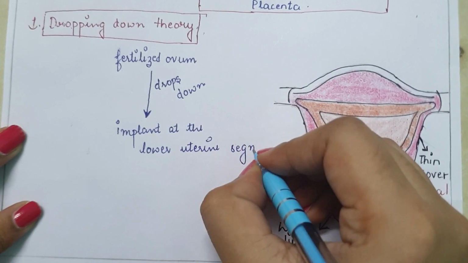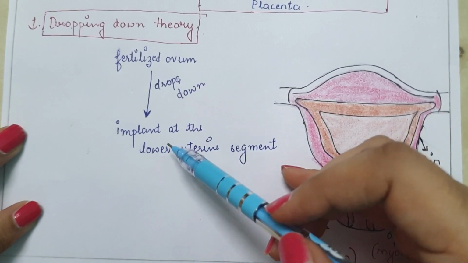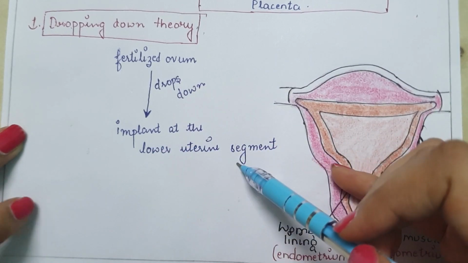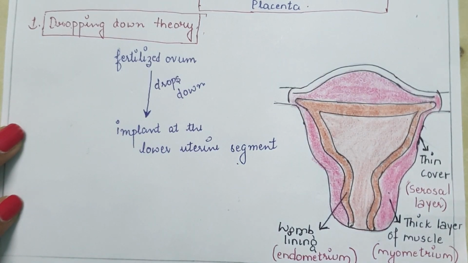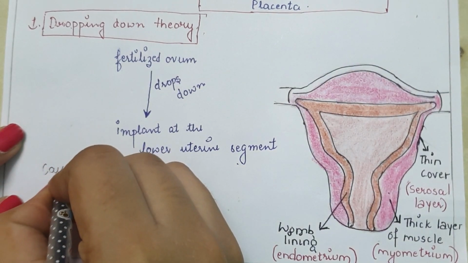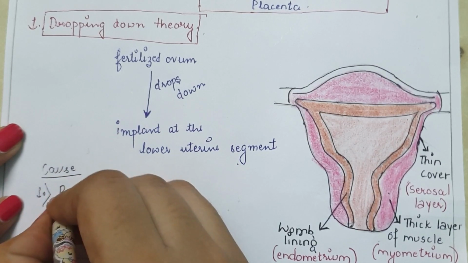So there are 2 causes behind why the fertilized ovum drops down and implants at the lower uterine segment. The first cause is poor decidual reaction.